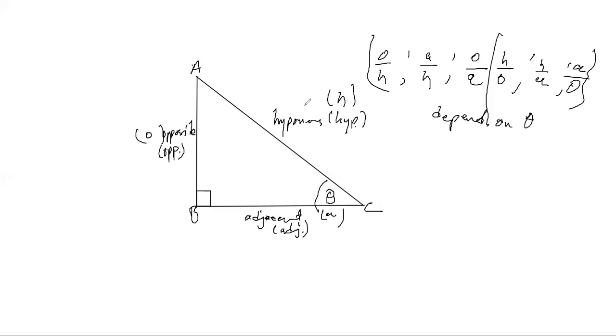The interesting thing is that when we did the little experiment, we saw that in any triangle the ratios are the same. And they are the same because they depend on one and the same angle, in this case the angle theta.